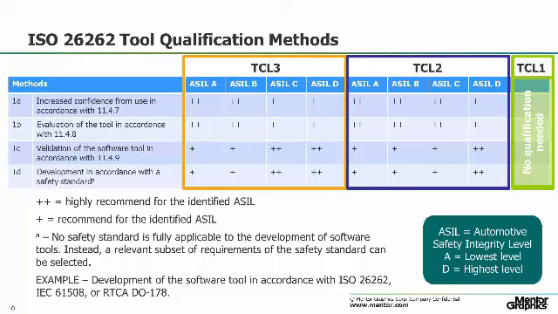So generally for lower ASIL levels, A and B, you can take approaches like increased confidence from use, which basically says I've used this software for so many years, I've never had a problem with it, and I can justify its use based on that. Up to the highest safety levels, where you need to take a more formalized evaluation of the tool, or actually take control and create a validation environment for that tool yourself.